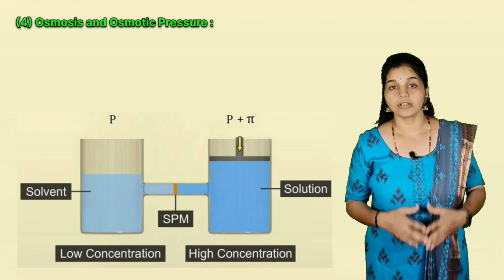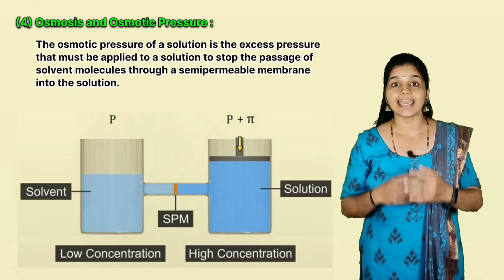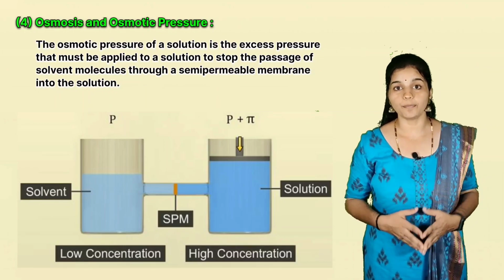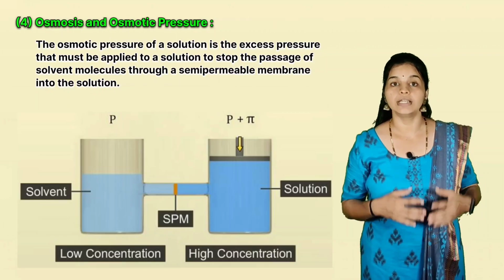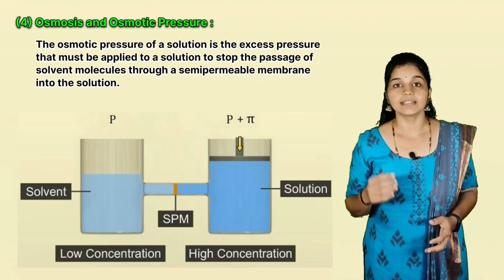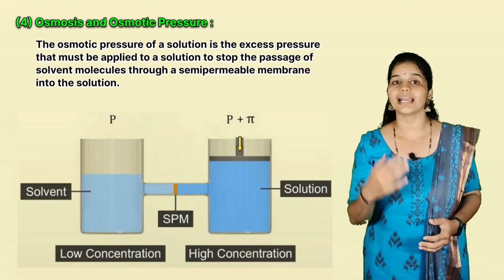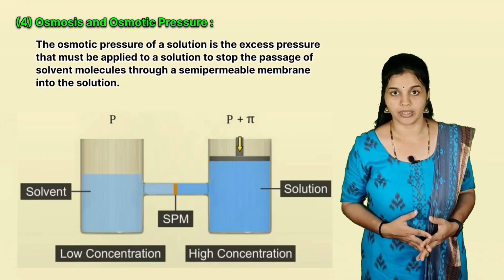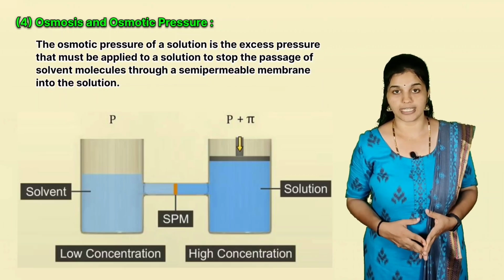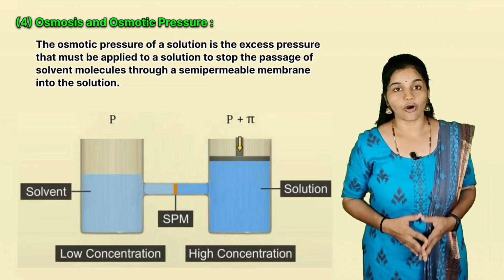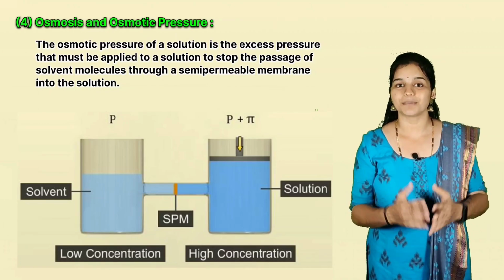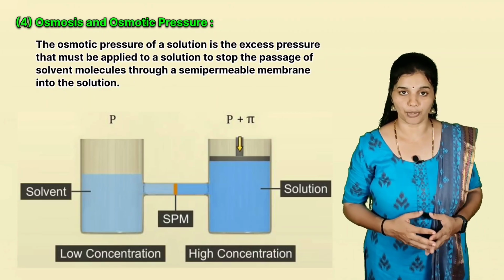The osmotic pressure of a solution is the excess pressure that must be applied to a solution to stop the passage of solvent molecules through a semi-permeable membrane into the solution. That is, to prevent osmosis, we should be applying some extra pressure. Osmotic pressure depends on the number of solute molecules and does not depend on the identity of the solute particles. So, osmotic pressure is a colligative property.